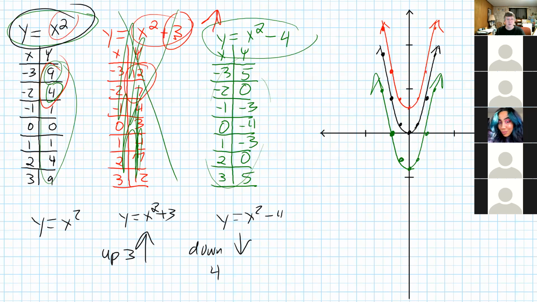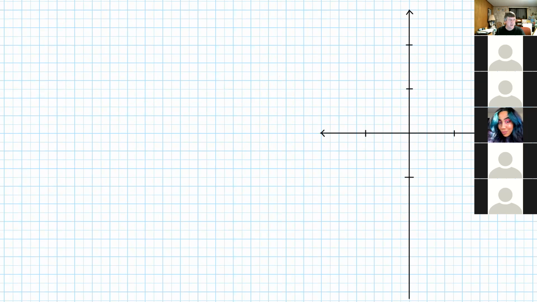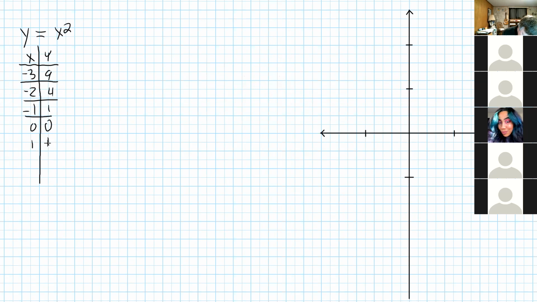All right, let's go to the next page and let's start again with y equals x squared. And we had -3, 9, -2, 4, -1, 1, 0, 0, 1, 1, 2, 4, and 3, 9.